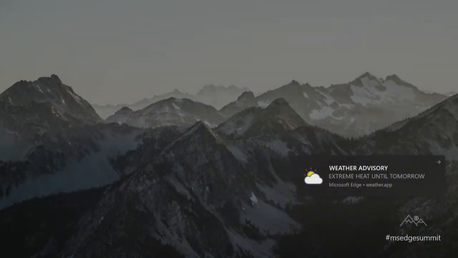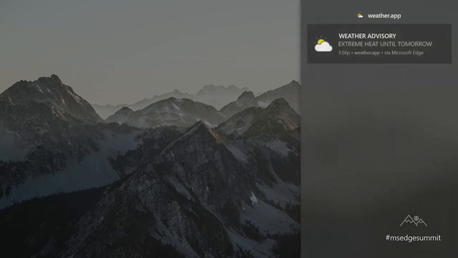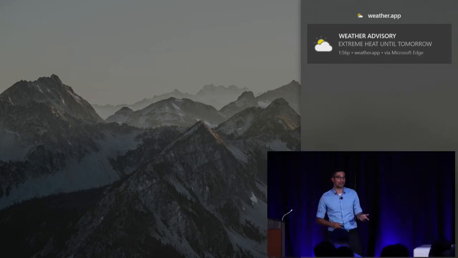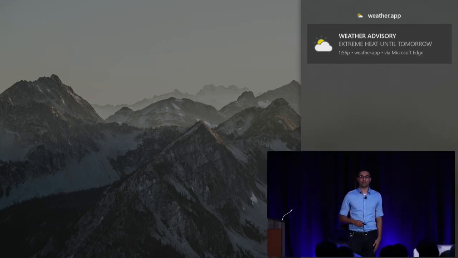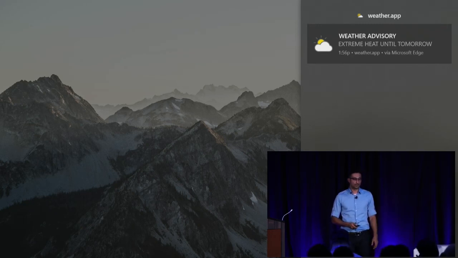Another thing to keep in mind, notifications are going to be integrated into Windows, which is a radical departure from how the other browsers are doing it. What this means is if you have a notification that shows up here and you don't act on it immediately, it will get tucked away in the Action Center so that you can act on it later. In fact, it has all the other features of the Action Center, so you can mute it from here and you can do other things.